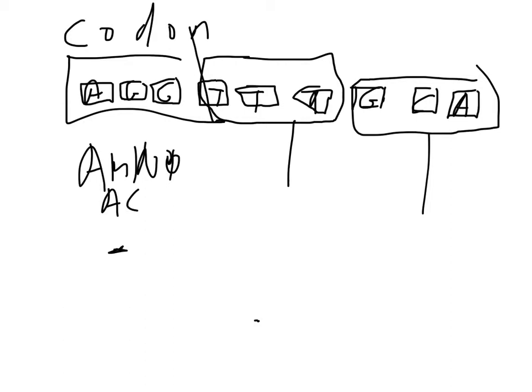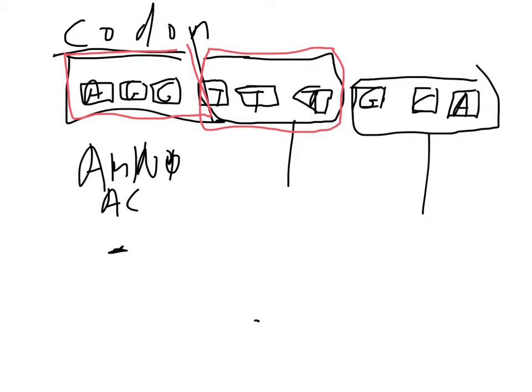Now, I showed this earlier, where we looked at reading frames. So a reading frame is always going to be 3 DNA letters long. If it stays in the reading frame, that's good.